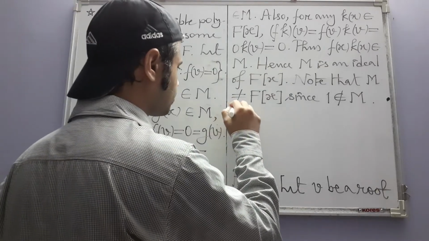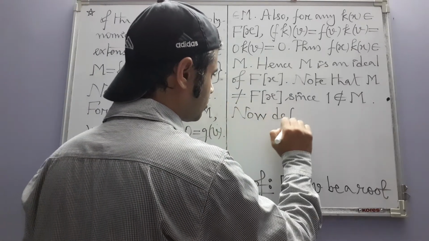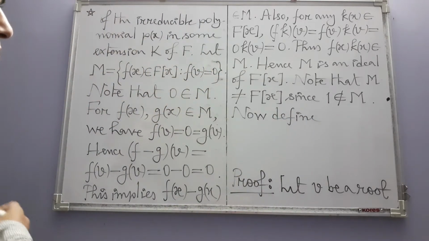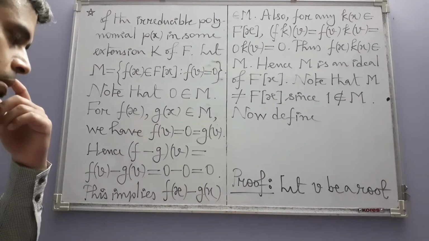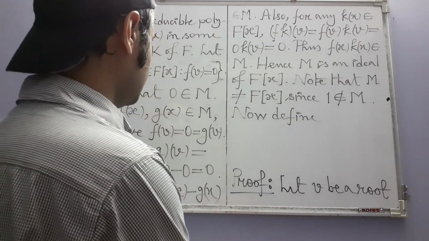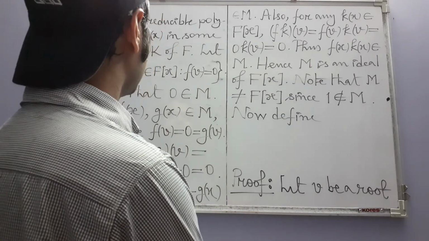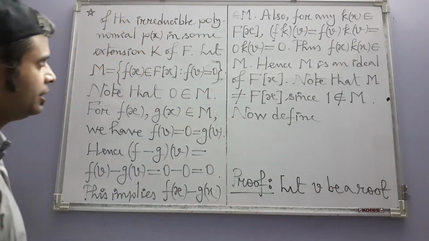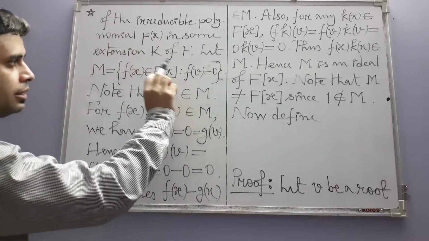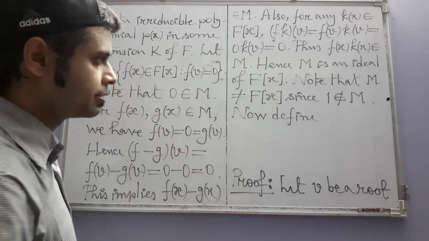Now we are going to, but before we define this, we need to say one more thing. So far we haven't done anything with p(x). We just simply took the root v of p(x) and set up one ideal M like this.